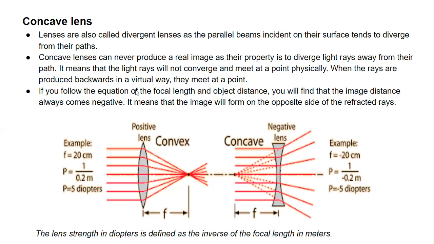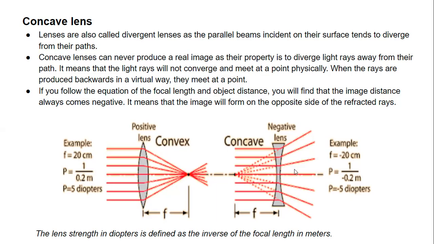When the rays are produced backward in a virtual way, they meet at a point and will form a virtual image. If you follow the equation of focal length and object distance, you will find the image distance always comes negative because the image will form on the same side where the object is present. It means that the image will form on the opposite side of the refracted rays.